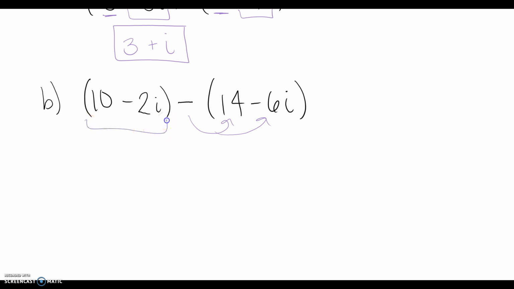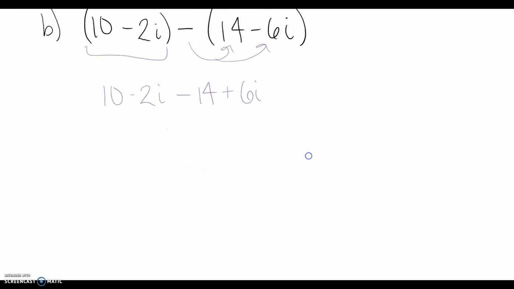So I would bring down the 10 minus 2i and then change this to minus 14 plus 6i. Then you can combine like terms. So 10 minus 14 is -4, and then -2i plus 6i is positive 4i, and that's our final complex number.